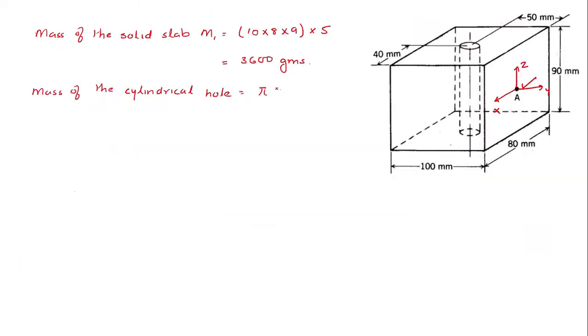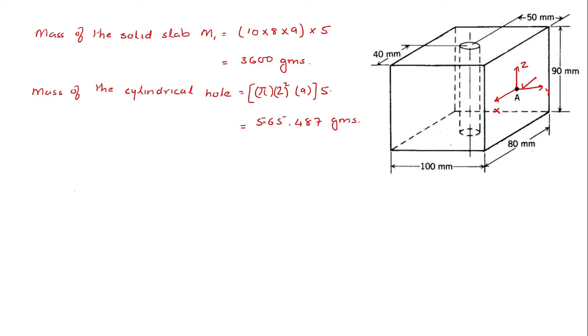So pi into 2 square into 9 multiplied by the density 5. So this would give me 565.487 grams.